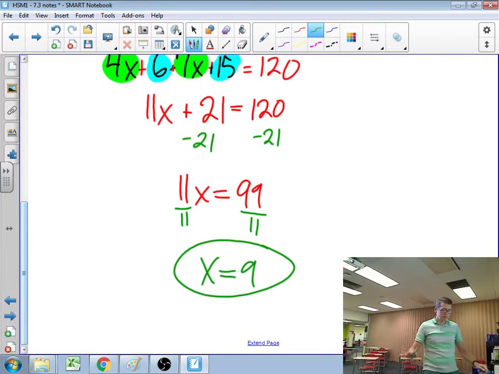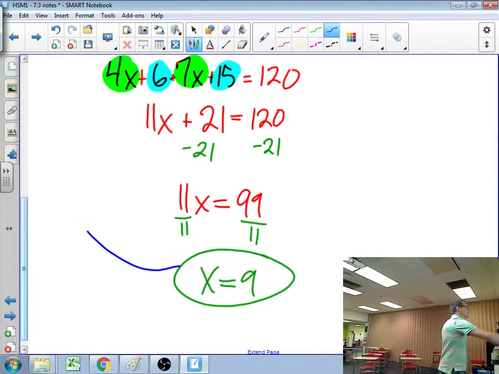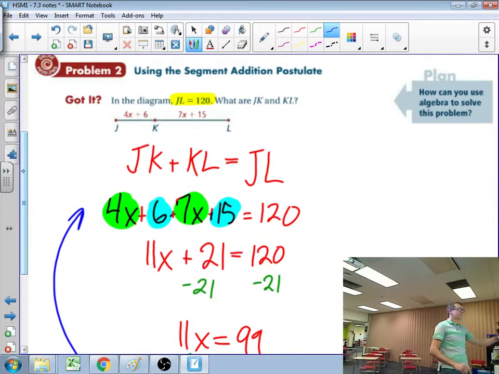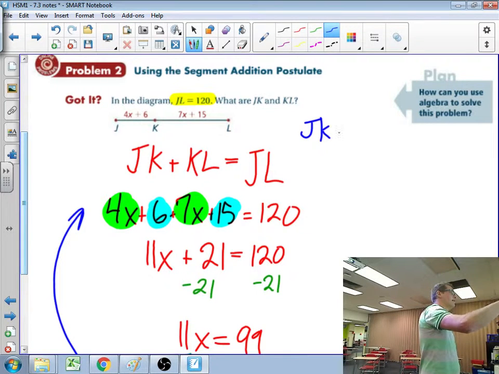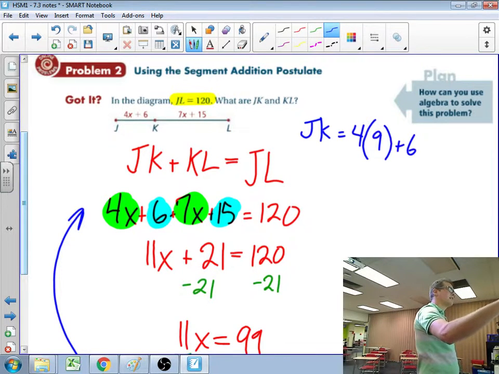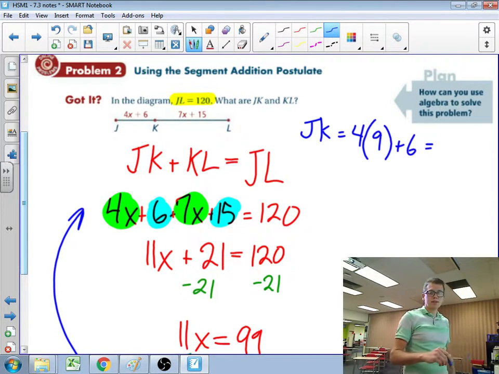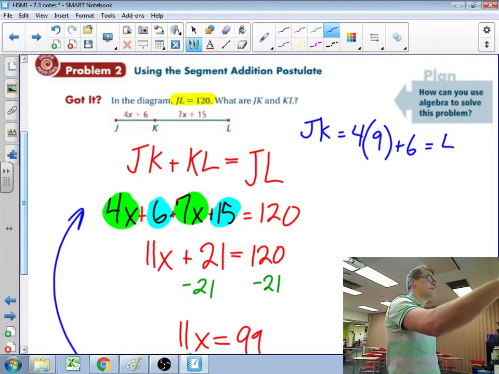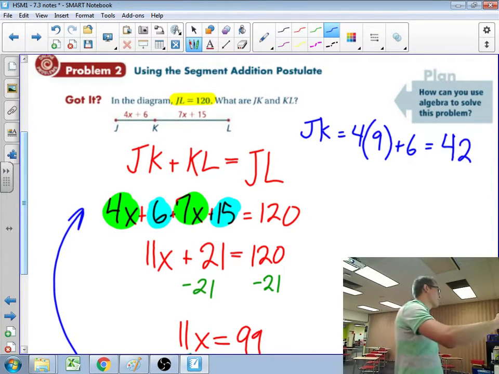Now we're not done. We found the variable value, but with that, we need to find the length of each of those respective lines. So we're going to take the fact that x is equal to 9 and bring it back up to our top and plug in. JK was 4 times x, but now it's going to be 4 times 9 plus 6. 4 times 9 is 36, plus 6 is 42.